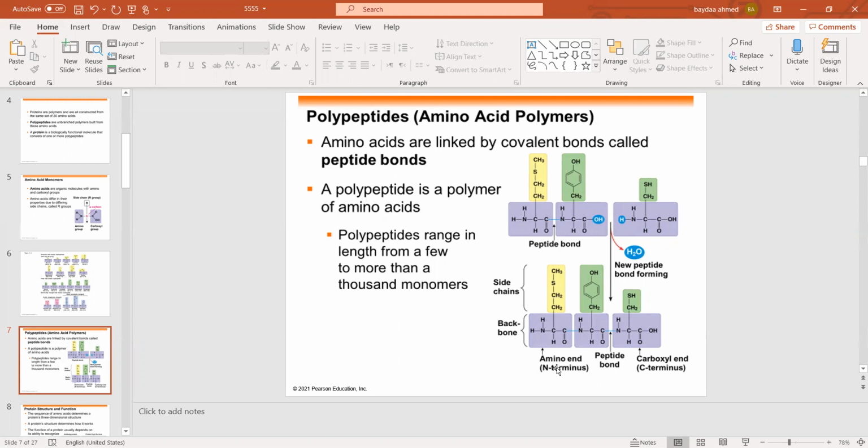So we have two ends for each polymer. One end, we call the N-terminus, that ends with the amino group, and the other end of the polymer ends with the carboxyl group, we call it the C-terminus.